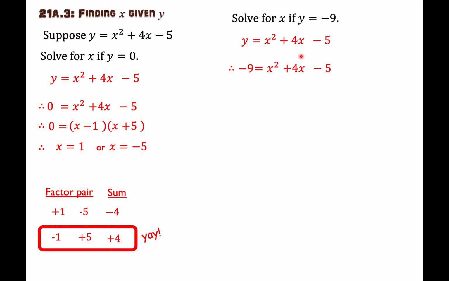I've got a quadratic here, but this side's not 0. So let's first make this side 0. To do that, I'll get rid of the -9. The -9 will move to the other side and it will turn into +9. There'll be nothing left here because the -9 is gone. It'll just be 0. This I can all just copy down, but that -9 turned into +9 over here.